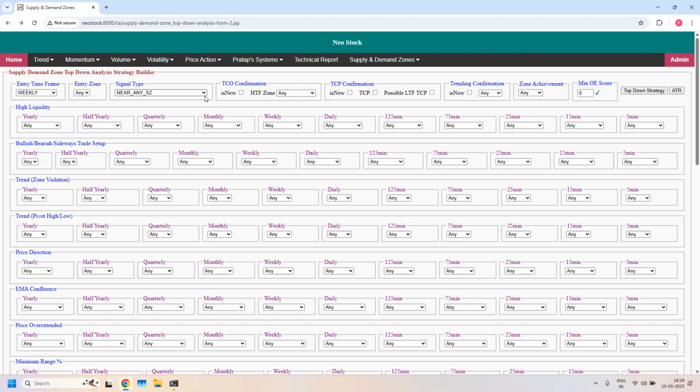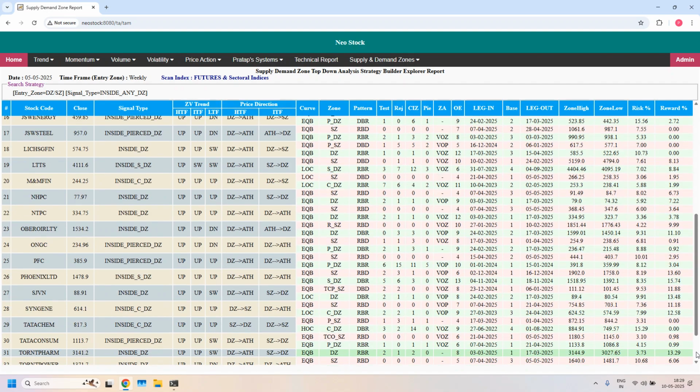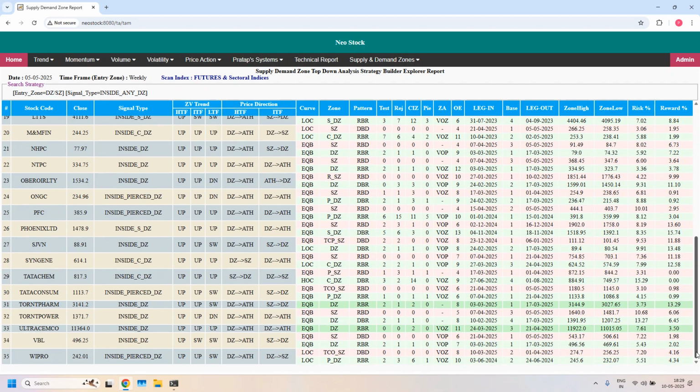Next, price closed inside the weekly demand zone. First 16 stocks in the list. Scrolling the list down. So total 35 stocks are filtered.